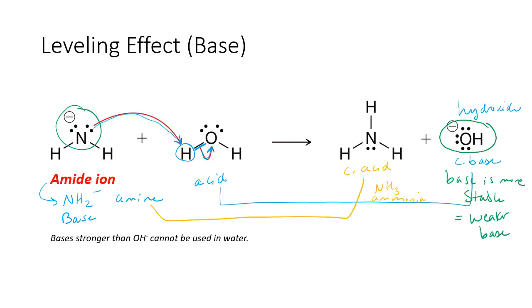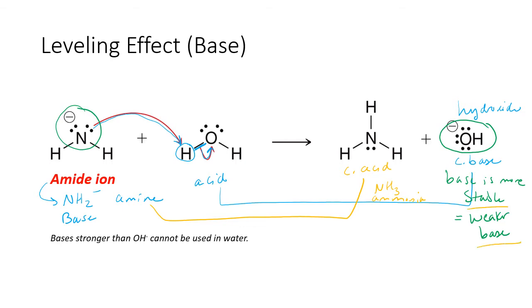So if it's stable, it's happy, just like the hydrogen sulfate from sulfuric acid, that was a really stable conjugate base. And so sulfuric acid was really strong. Well, hydroxide is stable due to that negative charge being on the oxygen. And so if it's happy and it's stable, that makes it a weak base.